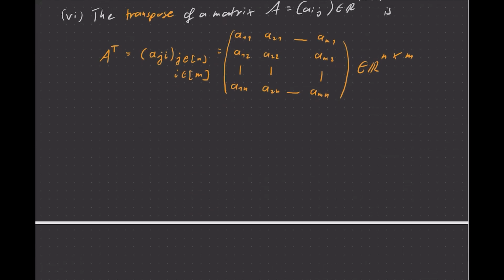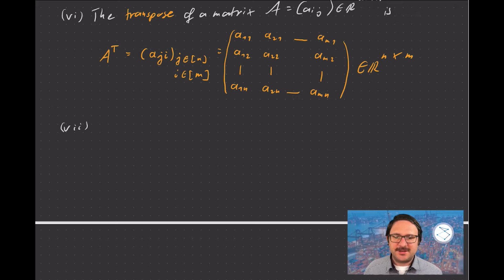Okay, and finally, one more name for special quadratic matrices, the matrices that are quadratic and that have the property that their transpose is the same as the original matrix. Those sometimes play a very special role. Those matrices are called symmetric.